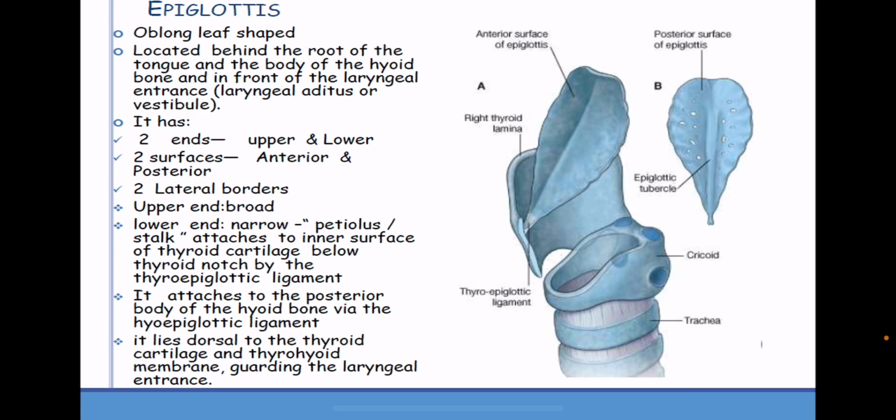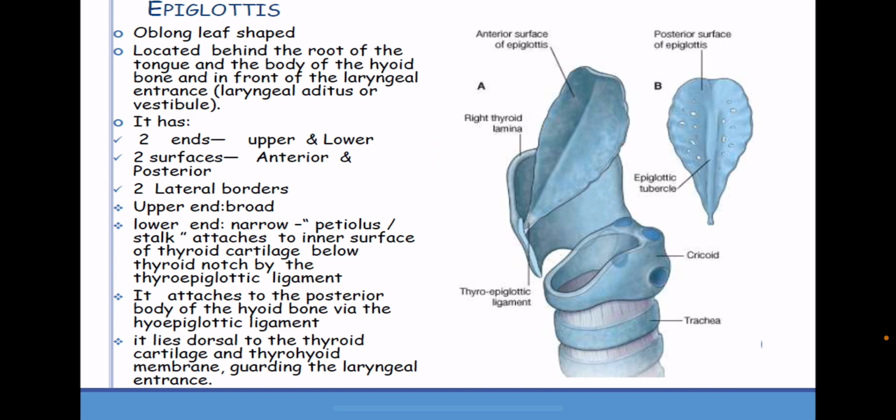We are going to talk about the epiglottis, long, leaf shaped, located behind the root of the tongue and the body of the hyoid bone and in front of the laryngeal entrance. It has two ends, upper and lower, two surfaces, anterior and posterior, and two lateral borders. It is attached to the posterior body of the hyoid bone via the hyoepiglottic ligament.